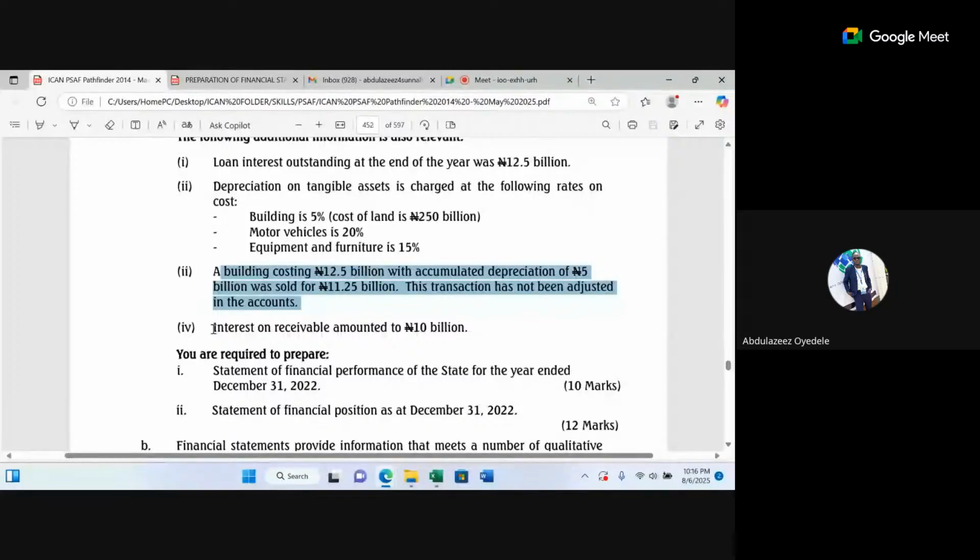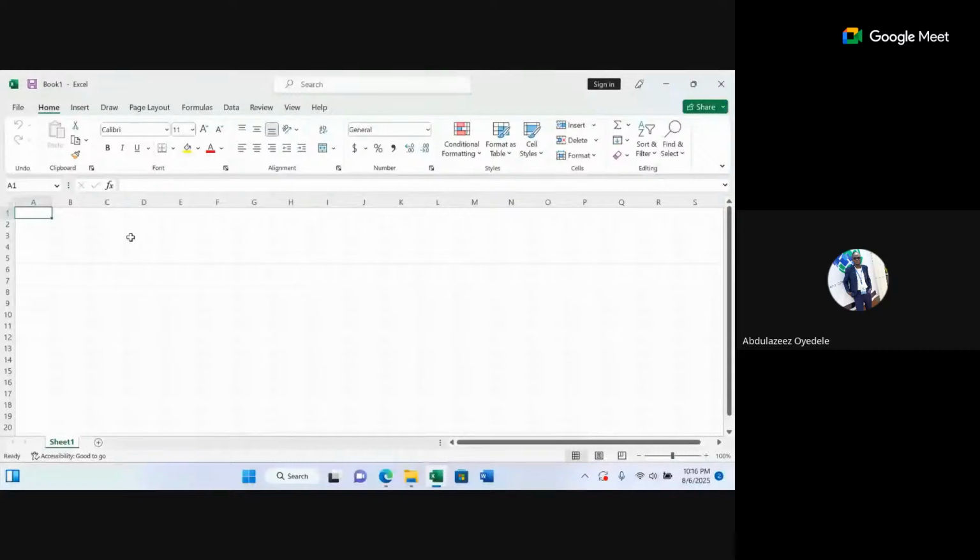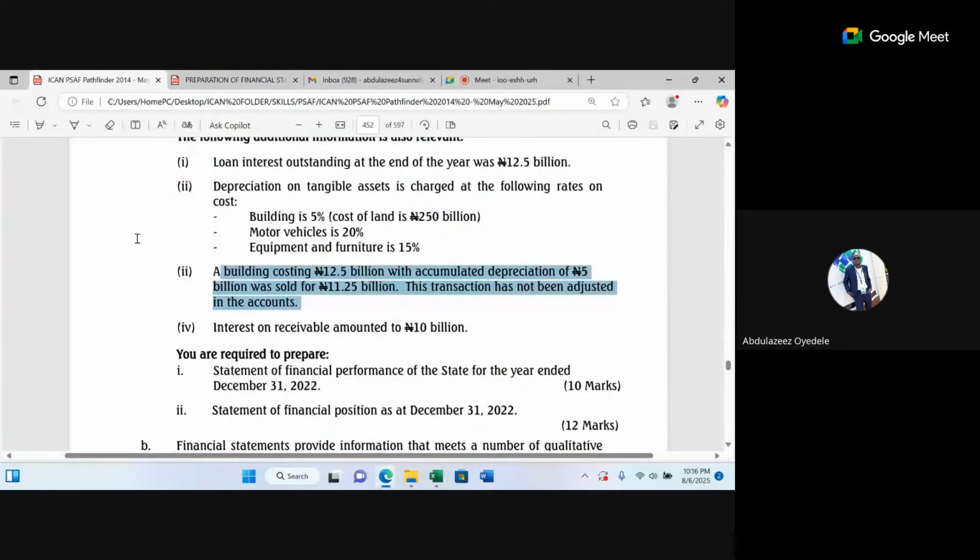Okay. So let's get right into it, maybe as fast as possible. I think the name of the state is Govt State. And what we are asked to prepare is the statement of financial performance.